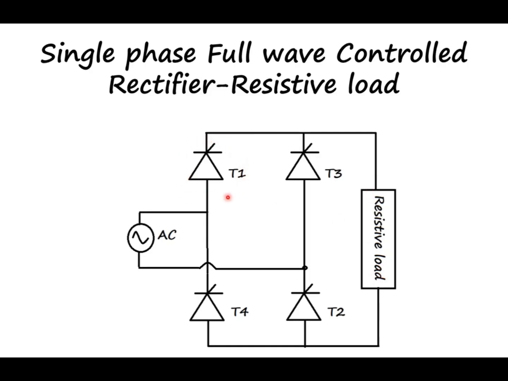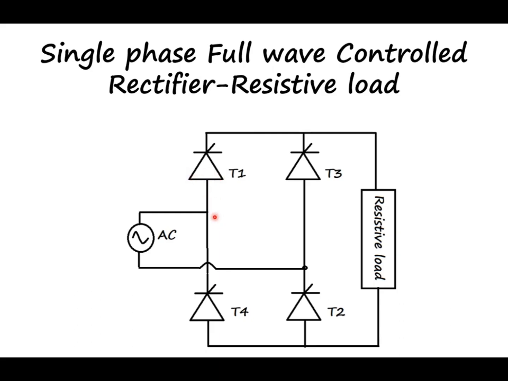A thyristor will be forward biased when a positive is available to the anode, negative is available to the cathode. So during positive half cycle, at this junction, the voltage is going to be positive. Here it is going to be negative. So this positive here will make the T1 forward biased.